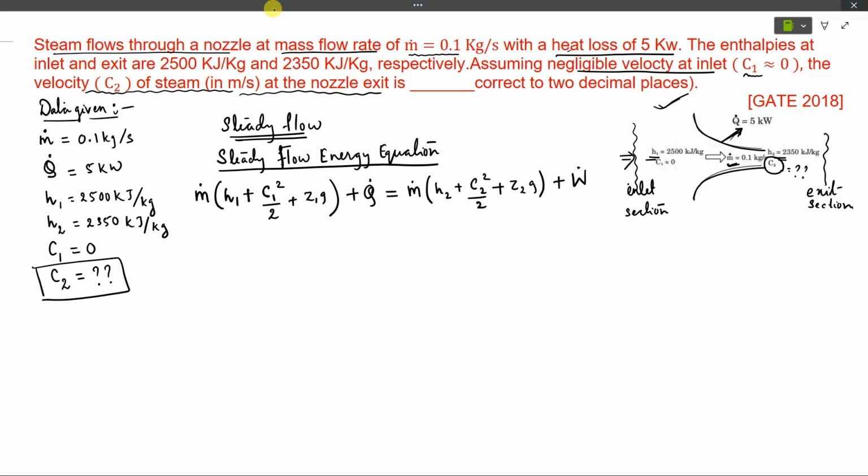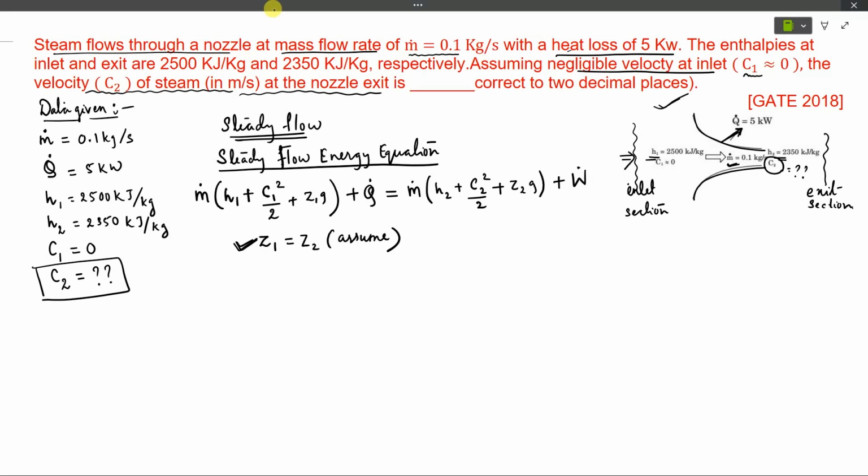In this question we assume Z1 is equal to Z2, as nothing is mentioned regarding the potential energy.